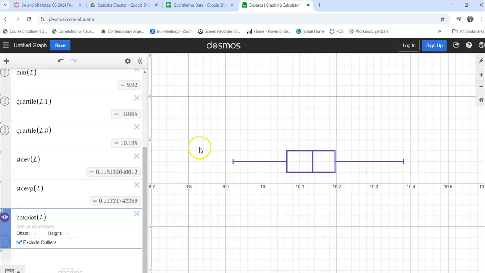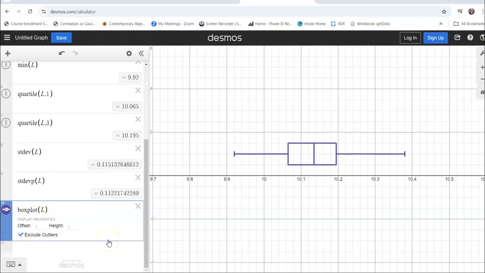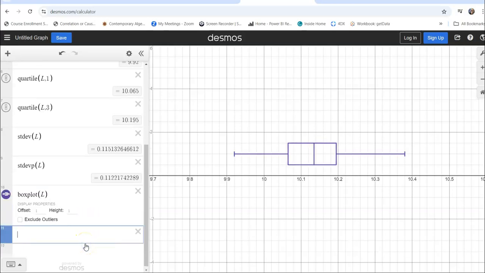So if we click that, we can see it very nicely. When we're doing just our box plot, we want to uncheck the exclude outliers so that we can see the outliers there.